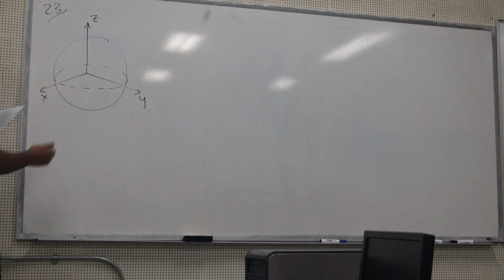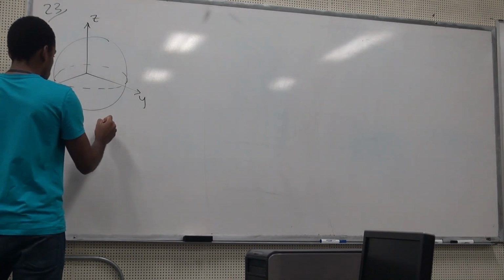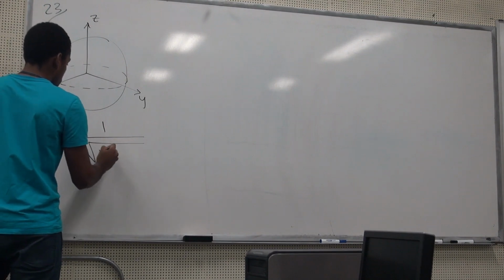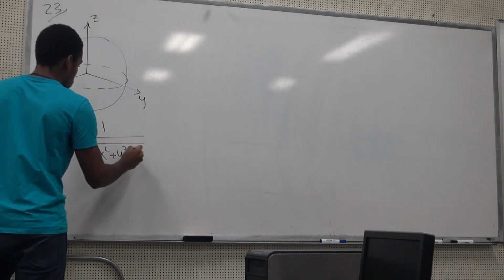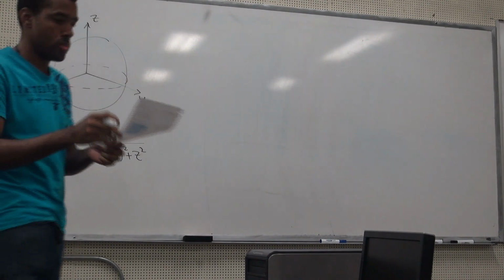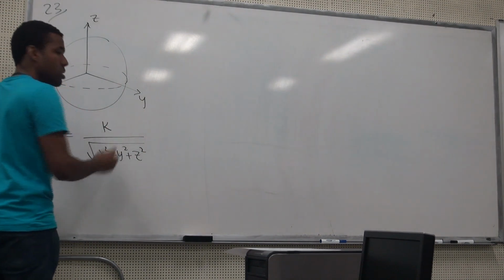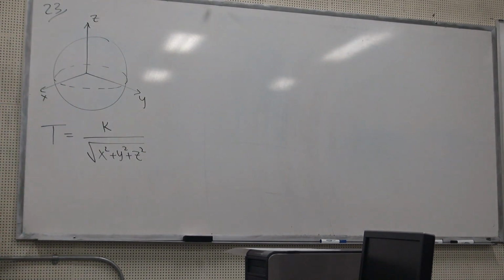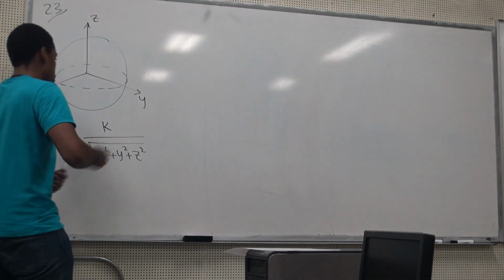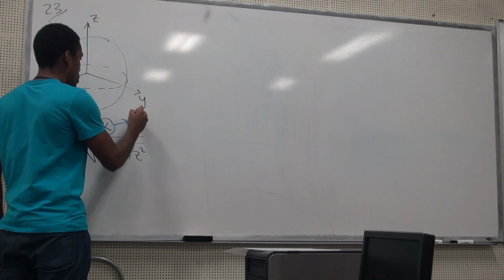T is equal to 1 over the square root of x squared plus y squared plus z squared. Technically, since it's proportional, you need a constant of proportionality here. So k is just some constant.